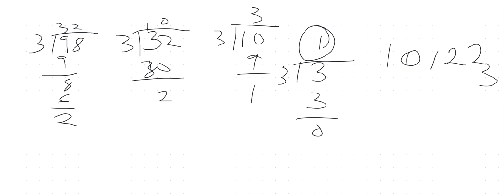Have you observed that when we are doing all of these divisions, it is the remainders that we write as the answer. Then always the quotient, which is less than the base, is the first digit.